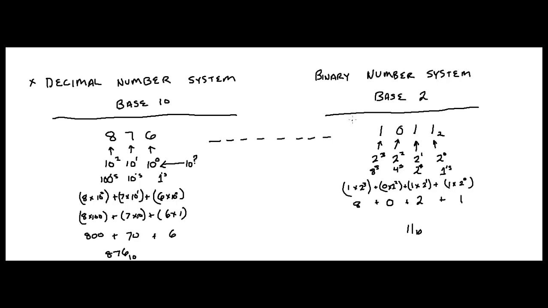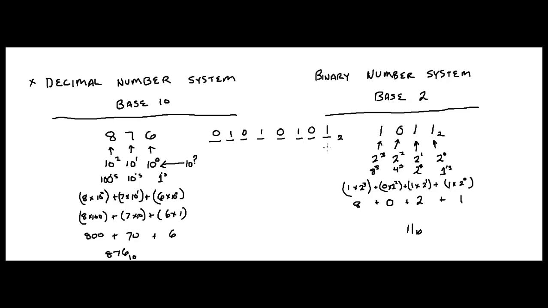Now let's write a number here: 1, 0, 1, 0, 1, 0, 1, 0. You know that this is a binary number, obviously, so I'm going to put a lowercase 2 here so you know it's binary. Sometimes you'll see the letter B.